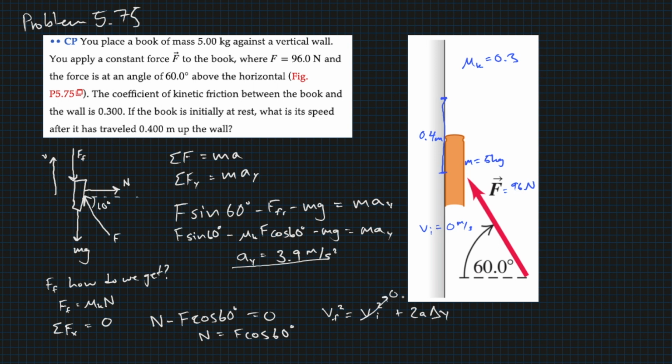Initial velocity is 0, so that goes away. Final velocity is equal to the square root of 2a delta y. Plugging in my values, 2 times acceleration, 3.9, times delta y, 0.4, all of this comes out to be a final velocity of 1.8 meters per second.